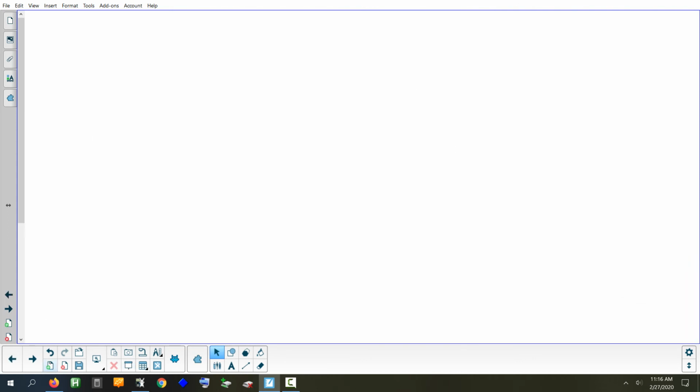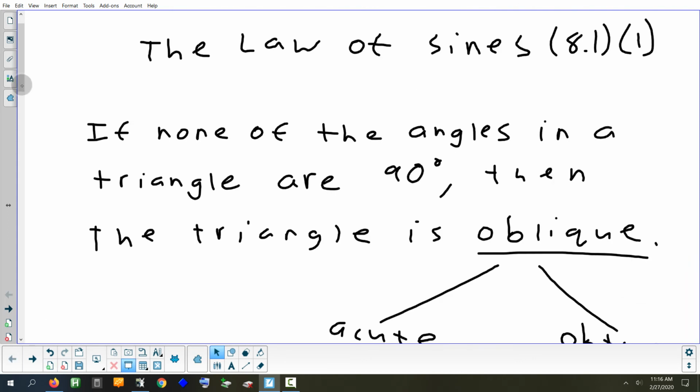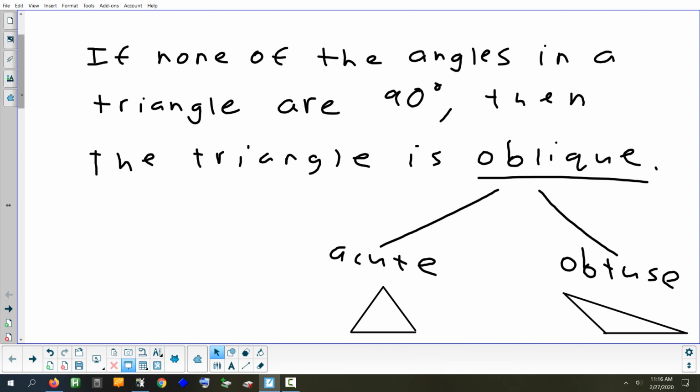So the two kinds of triangles that you can have that are not right triangles fall under the category of what we call oblique. An oblique triangle is a general term for a triangle without a 90. More specifically, an acute is an oblique triangle where every angle is less than 90.